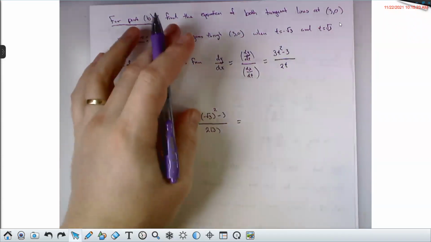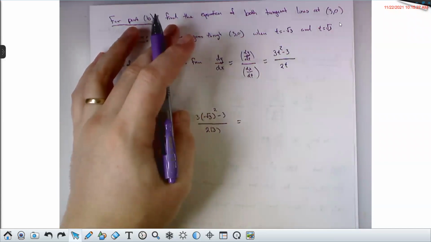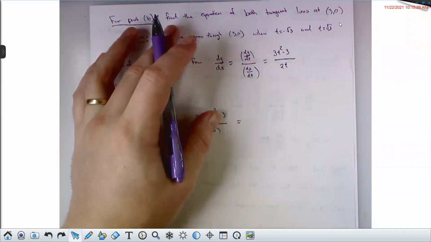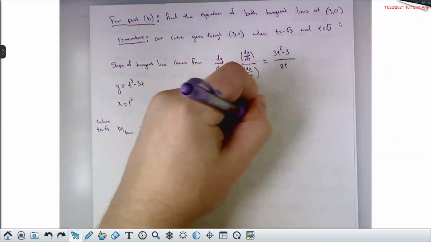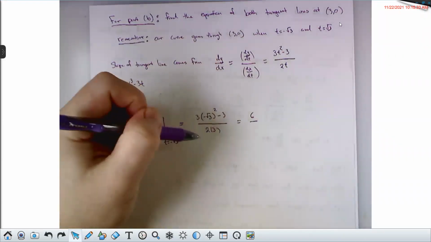If you square the negative square root of 3, you get positive 3. 3 times 3 is 9, minus 3 is 6, divided by 2 times 3 is 6.